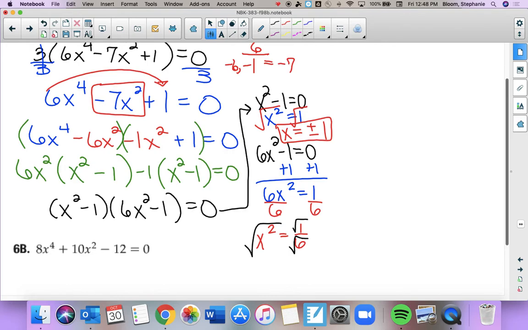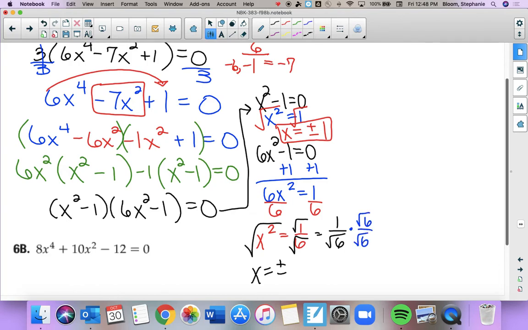Everybody with me on that? Square root the top, square root the bottom. So I know I'm going to get out a plus or a minus. Now, here's the only thing. Square root of 6 is a decimal, right? But you don't leave your answer like that. Do you remember that from Algebra 1? You can't have a square root on the bottom. What do you do if you can't have a square root on the bottom? Well, you multiply by itself, top and bottom.